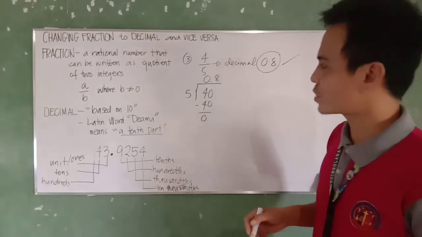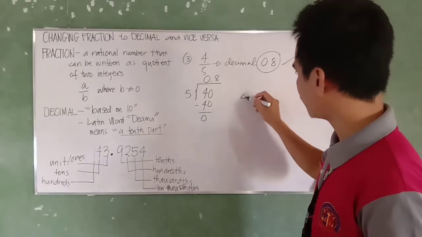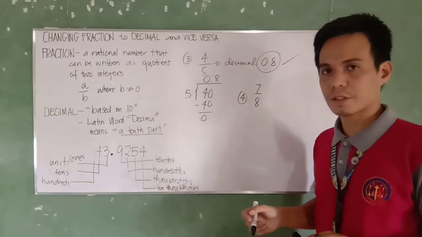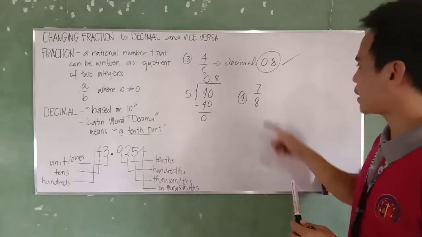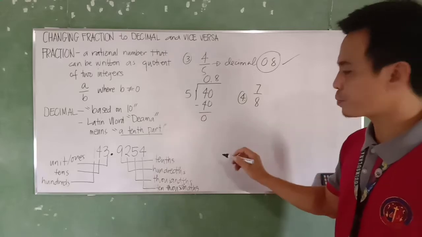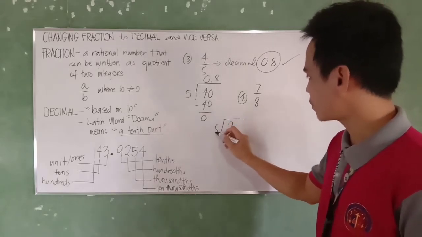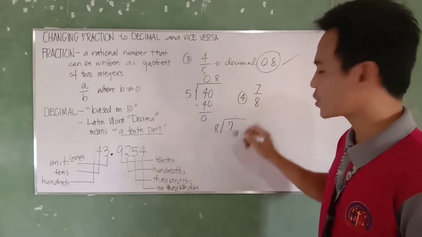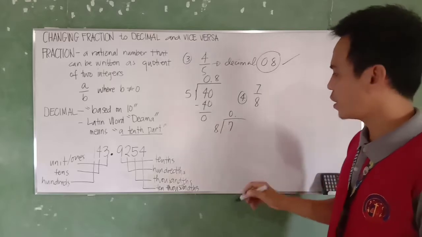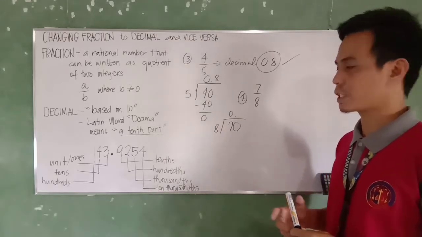Another example. Last example, changing fraction to decimal. So example number 4. 7 over 8. So let's divide 7 over 8 and change into decimal. So therefore, we just simply divide 7 divided by 8. So put decimal point there because we cannot divide 7 by 8 and borrow 0 for the 10th place.